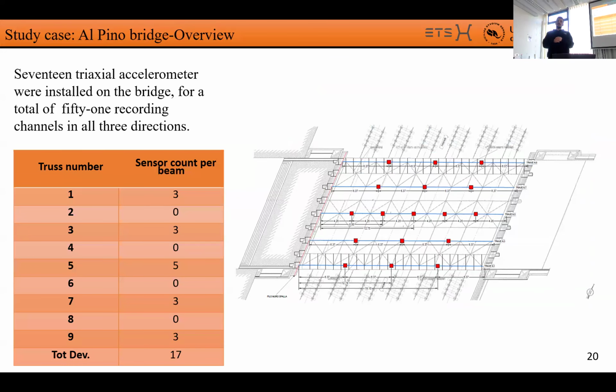So we used 17 different triaxial accelerometers put on 5 of all 9 arches, for a total of 51 recording channels in all 3 directions. But we also used 6 inclinometers that were all put on one of the arches, 20 strain gauges, and a total station to get all the possible information from the bridge.